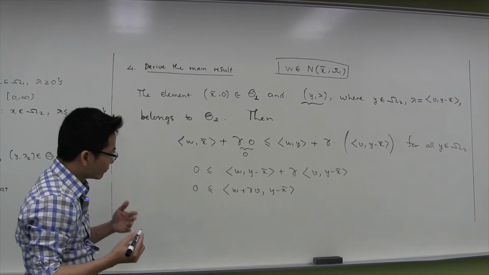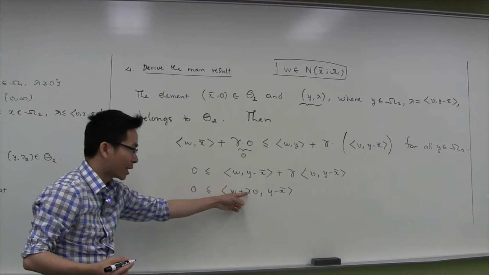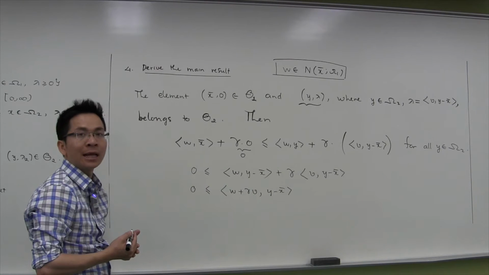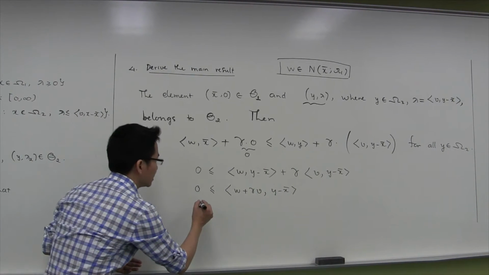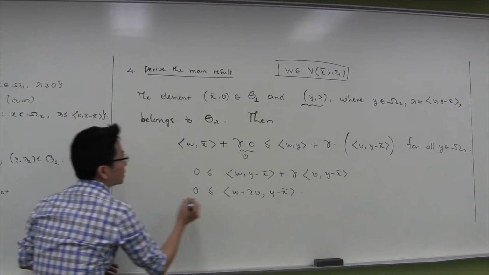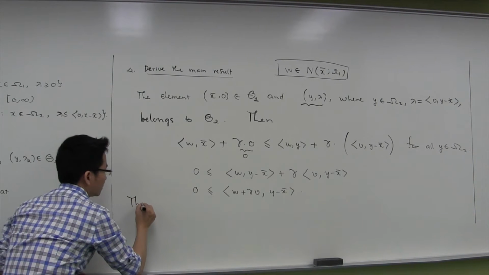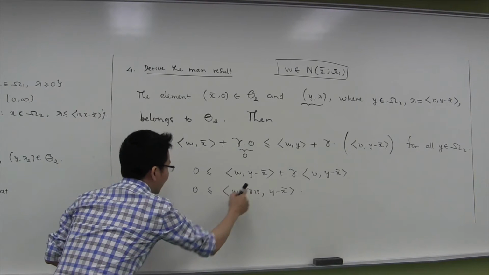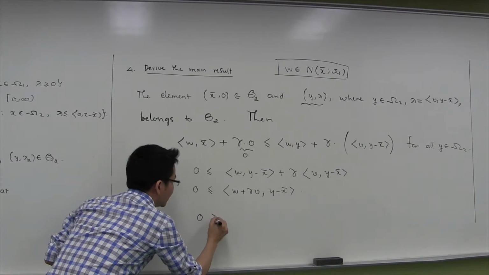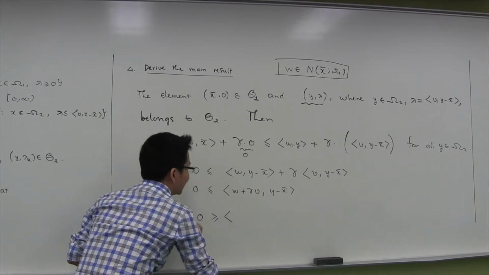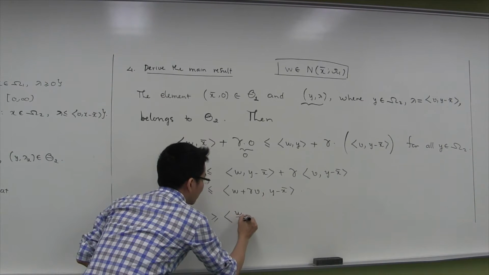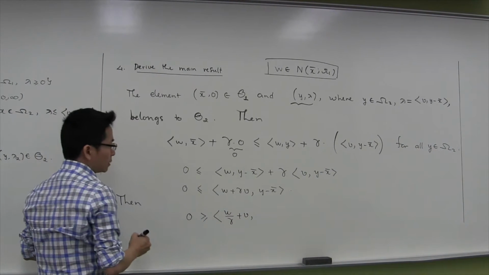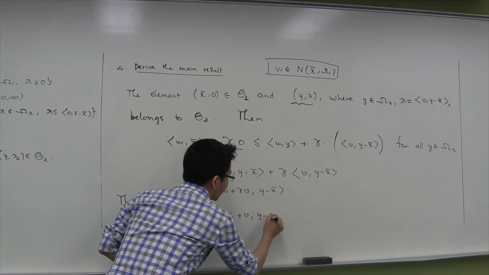Okay, now if we divide both sides by gamma with the observation that gamma is strictly less than 0, we have the following. Then if we divide by gamma, we have that 0 is greater than or equal to the inner product of w over gamma plus v and y minus x bar.